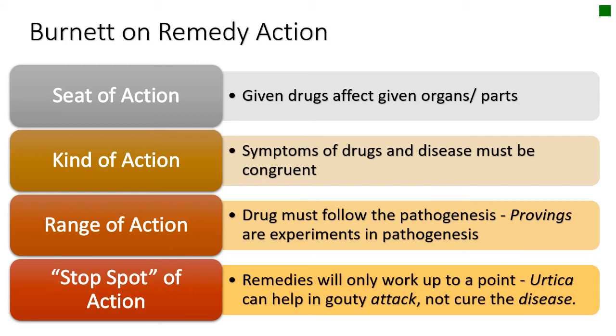Gout is a systemic disease, but it has a wide spectrum of symptoms, and this remedy can help if the symptoms are matching during that attack. So it will not cure the disease, but it will help a patient during a gouty attack. Very important point to understand.